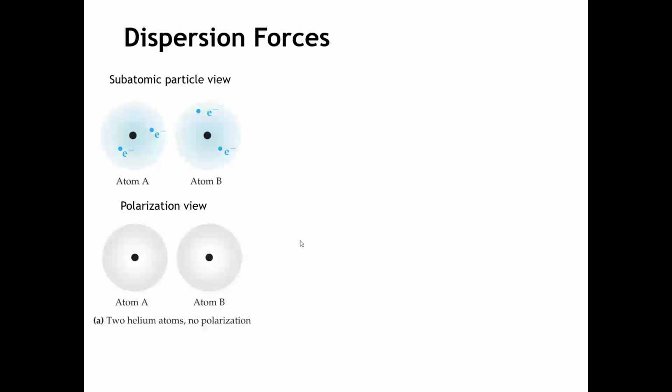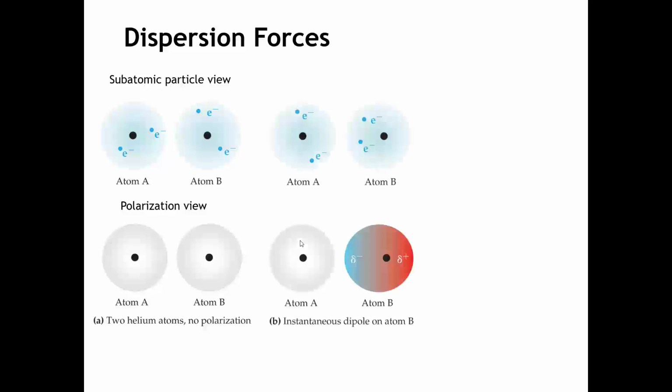Imagine that we have two helium atoms that happen to be right next to each other. Now, helium has a +2 nucleus and it has 2 electrons. And let's imagine these electrons are moving around, doing their wave-like dance, just minding their own business, right? But we also learned back in chapter 6 that the probability of where the electrons might be at any given instant in time changes.